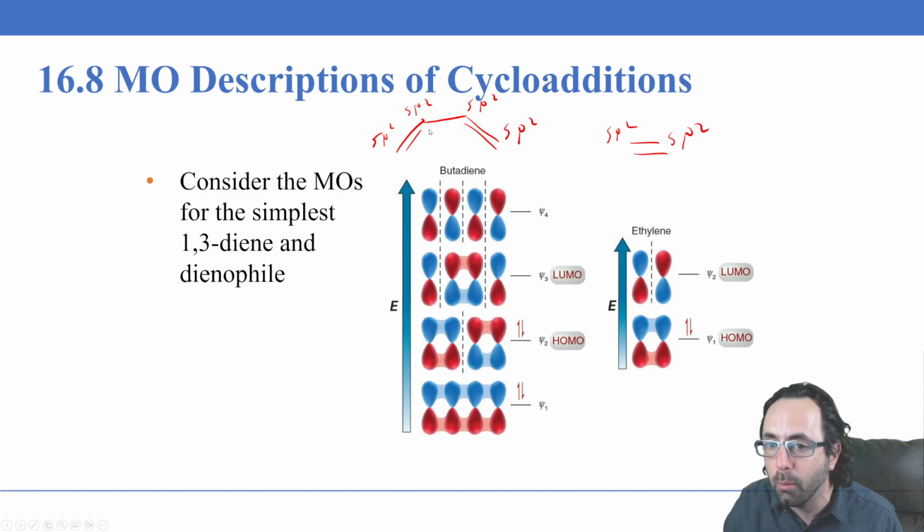And so here we have 4 p orbitals, each with one electron. The 4 electrons go into the lowest energy orbitals here, making the third orbital here the lowest unoccupied molecular orbital. Here we have 2 carbons, 2 unhybridized p orbitals, each with one electron in them, so the 2 electrons can then be in the lower energy molecular orbital here.